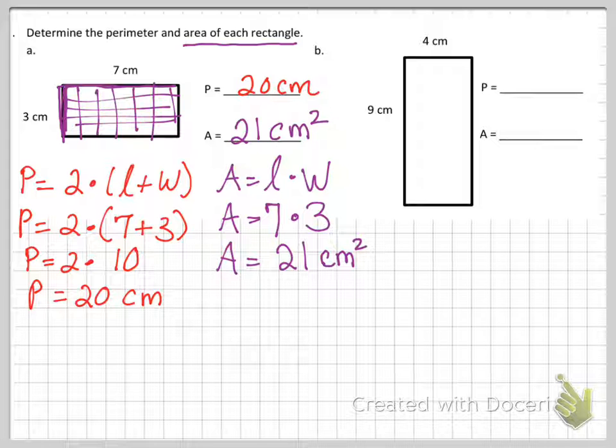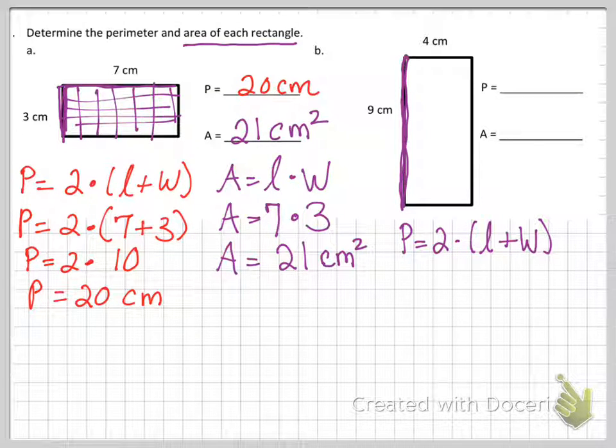Our next rectangle is 4 centimeters and 9 centimeters. And we're going to be first looking at perimeter. So let's get our formula down for perimeter. P equals 2 times the length plus the width. And we have to fill in what the length is and what the width is. Remember, perimeter is walking all the way around this rectangle.